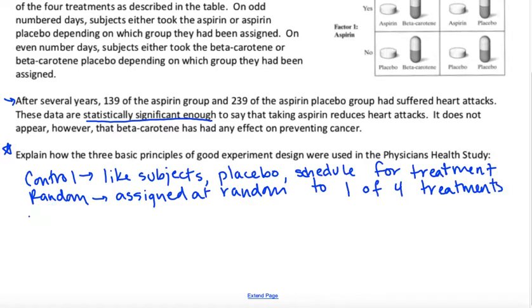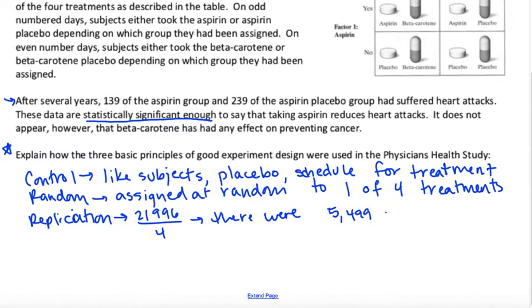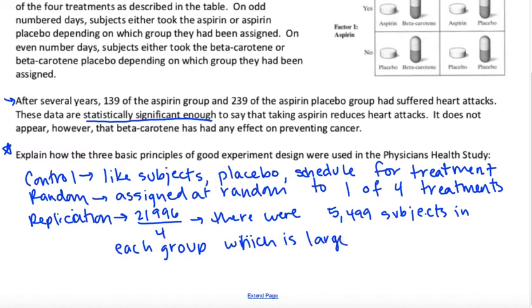And this was going to be replication. How was this included? And so for replication, each treatment group, if we look at we had 21,996, and so if we divide that number by 4, there were about 5,499 subjects in each group, which is large enough for replication.